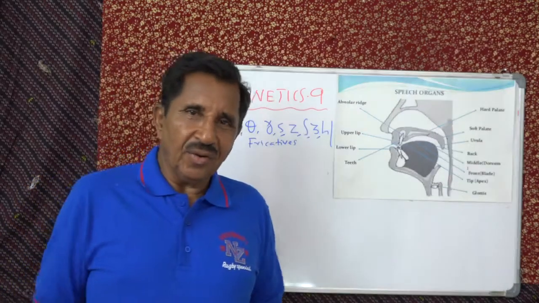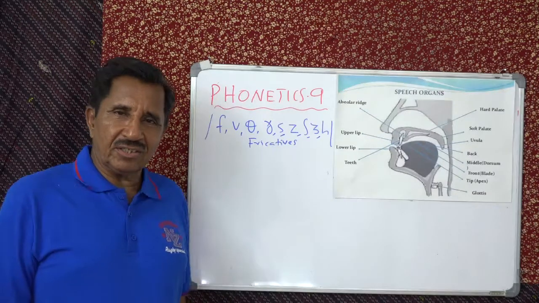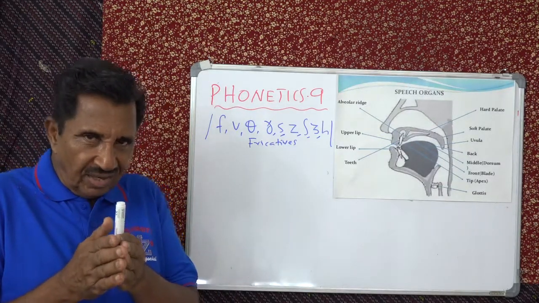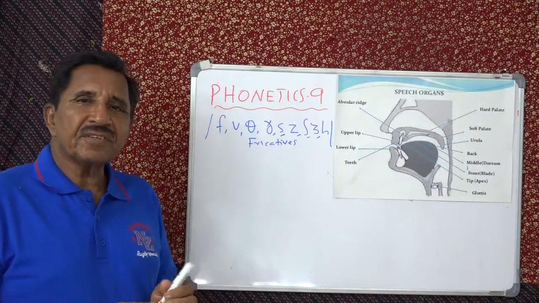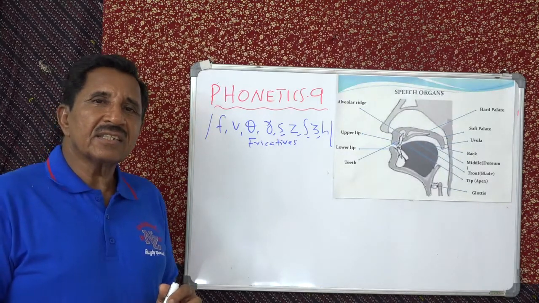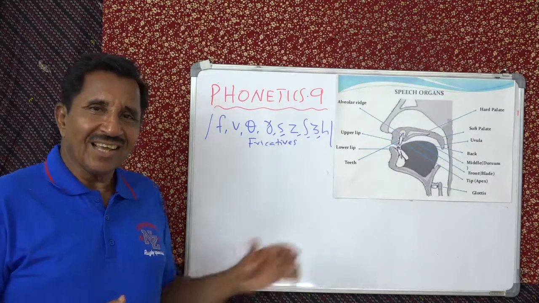Friction. Now, how do you hear the friction sound as far as these consonants are concerned? So the air passage has to be narrowed, isn't it? When you narrow the air passage, you hear f, v, v. See? T, d, s. That is the correct sound.